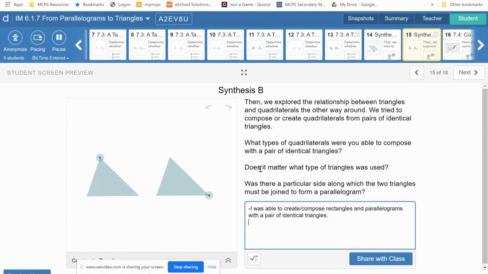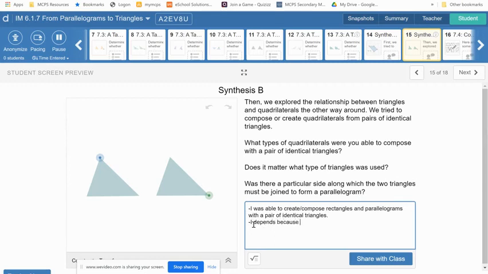Okay. The next one, does it matter what type of triangles was used? No. It depends.